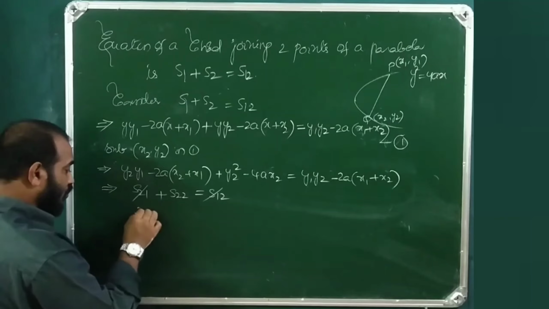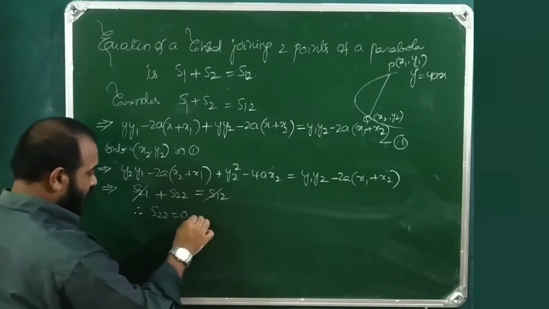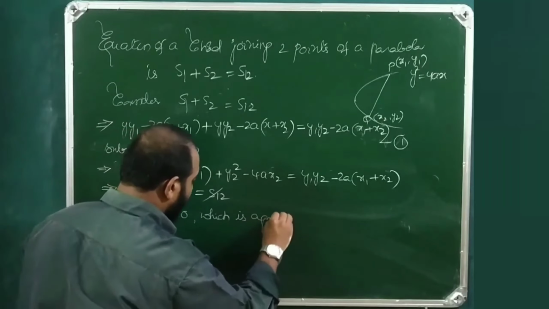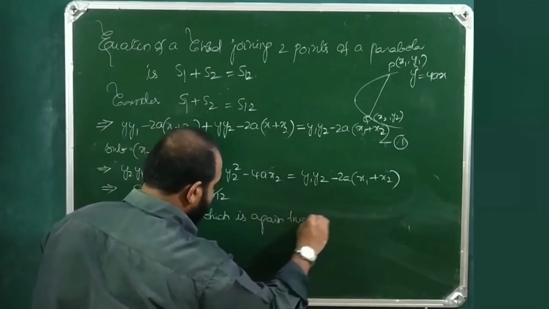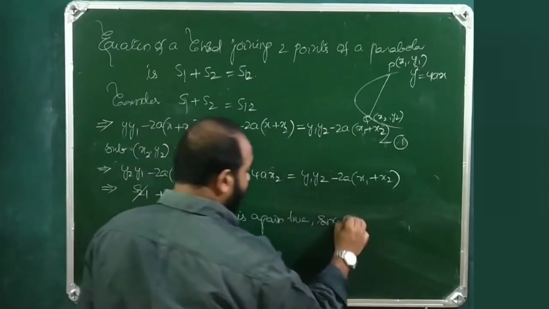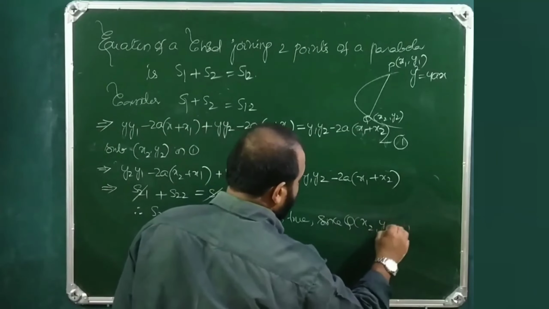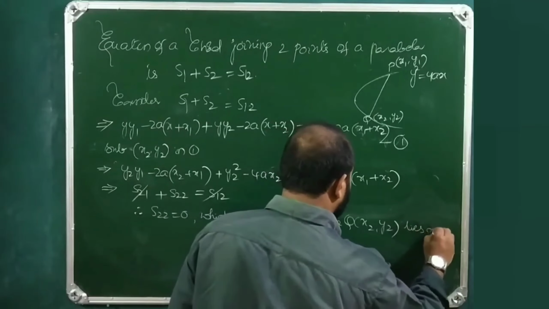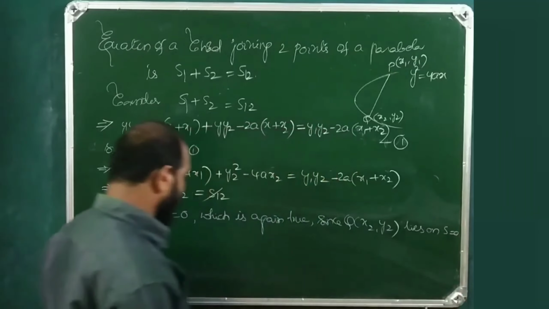Therefore S22 equals 0, which is again true, since Q (x2, y2) lies on the parabola, S equals 0.